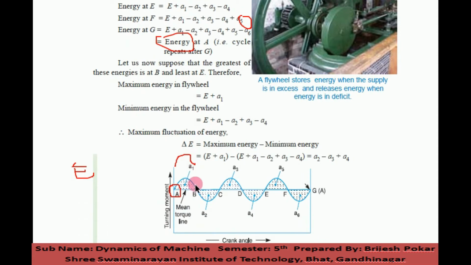Initially we assume it is E, then at point B it is E plus A1, because it is positive. The upper area is taken as positive and the lower one as negative.